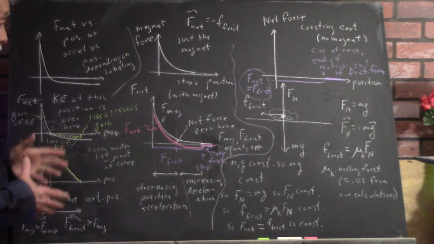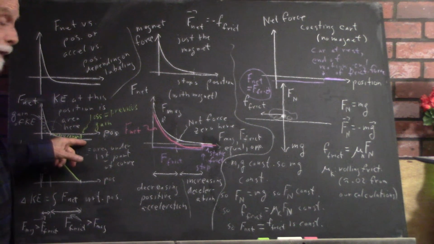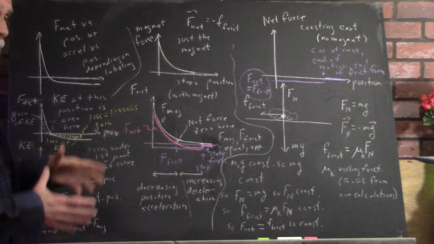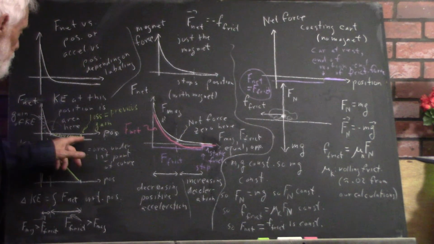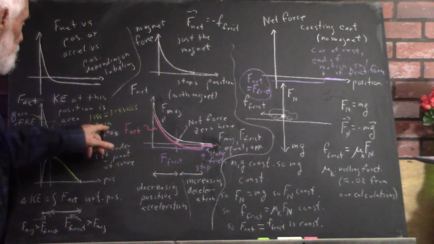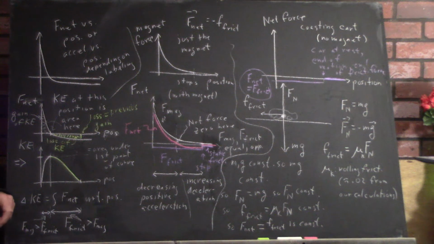So if you started with 0 kinetic energy, you gain kinetic energy, then you lose kinetic energy. When the gain and the loss are equal, your kinetic energy is back to 0 and you're stationary again. So here's a point where your loss equals previous gain, and this is where the cart becomes stationary.